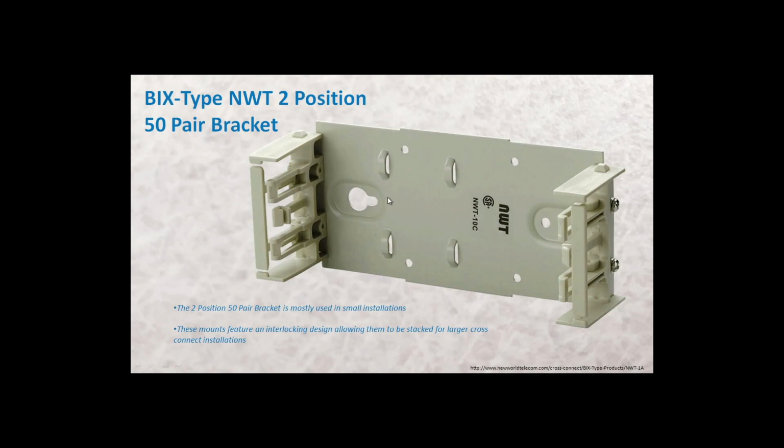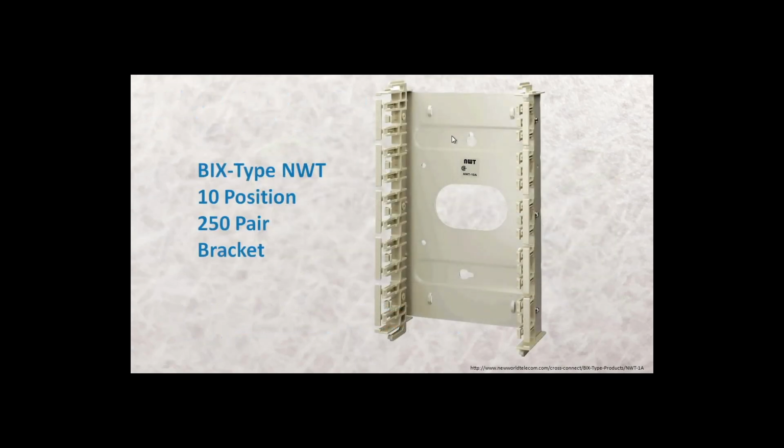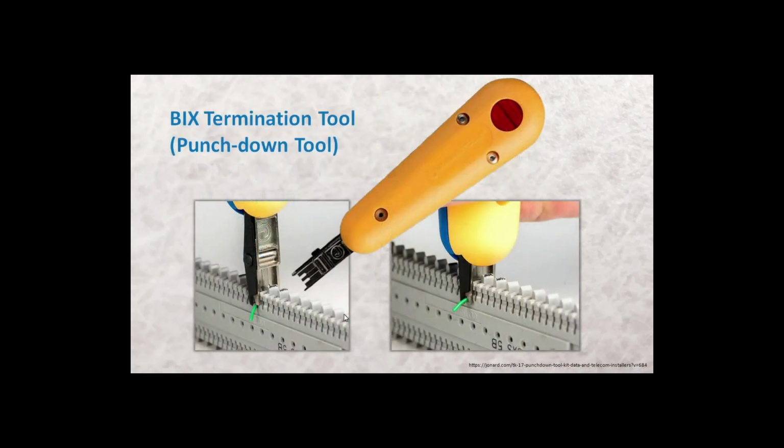So 2 of those connectors into this frame, if you put those 2 of these and terminate all of them, you have the capacity of 50 pairs onto this bracket. Okay, now this is a 10 position, so you're going to have 10 of those, and in that case, you can have capability of terminating 250 pairs onto this one here. All right.